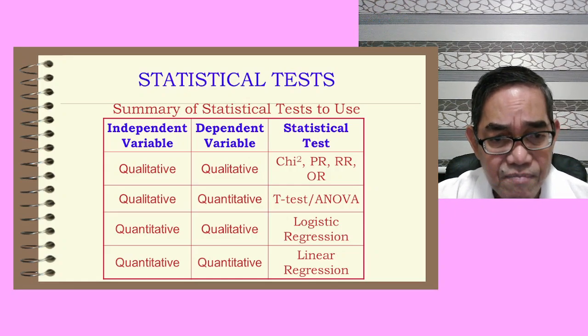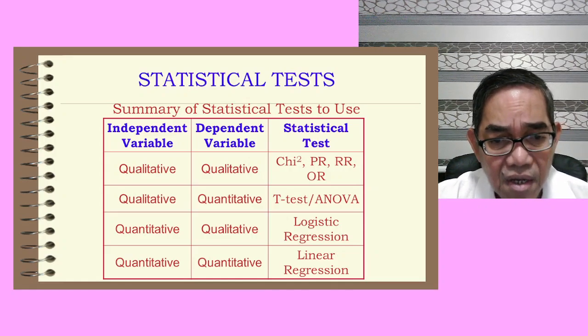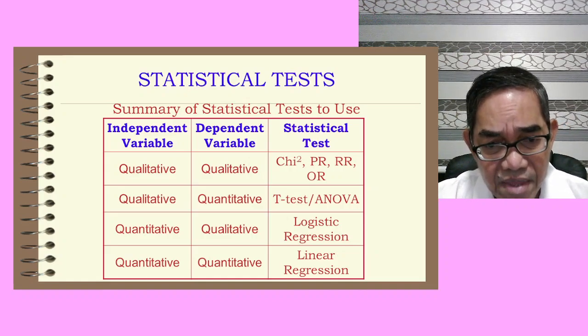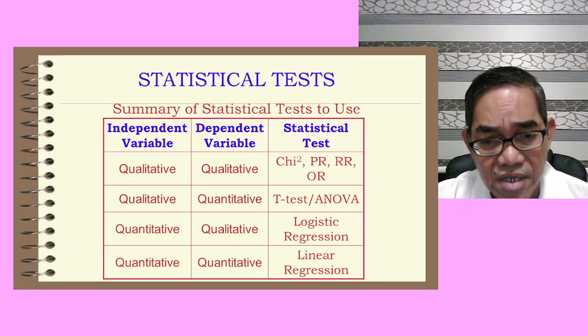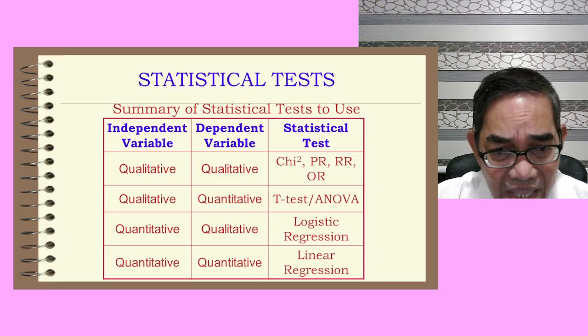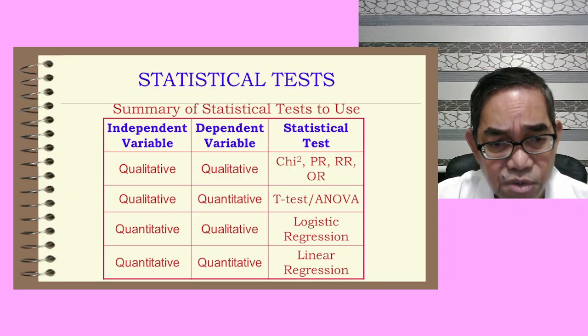Now, if both the independent and the dependent variables are quantitative, then simple linear regression is used. So both qualitative, chi-square test; both quantitative, simple linear regression is used. Pearson's correlation can also be used.